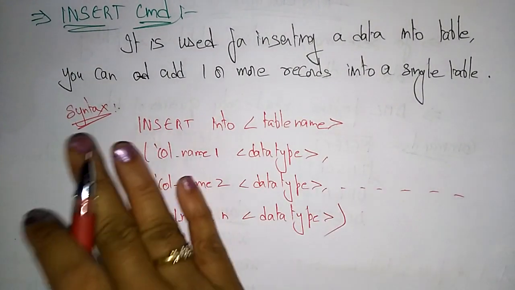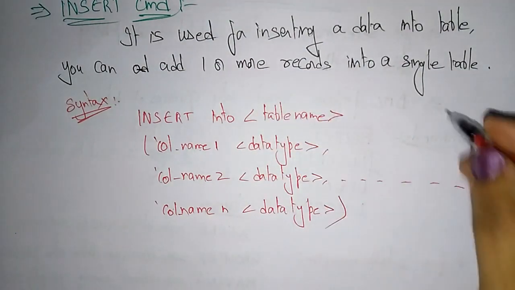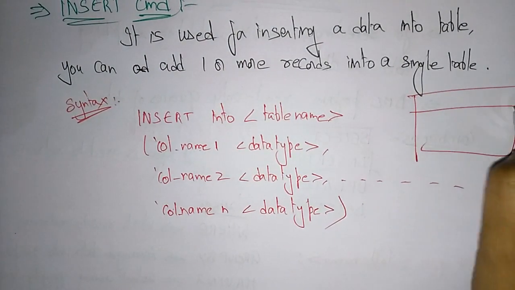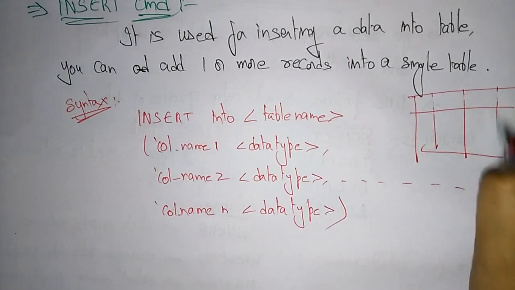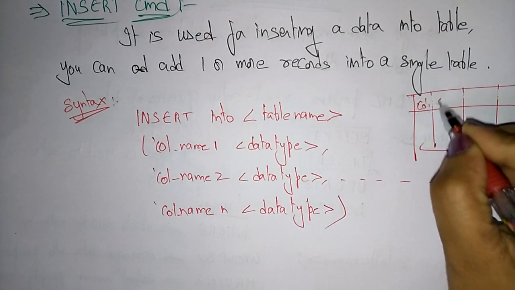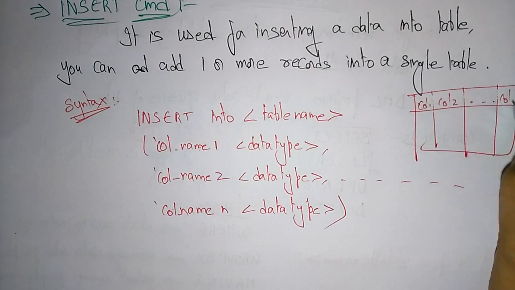So close the columns only up to here. Now up to here I created column names, column 1, column 2, up to column n.